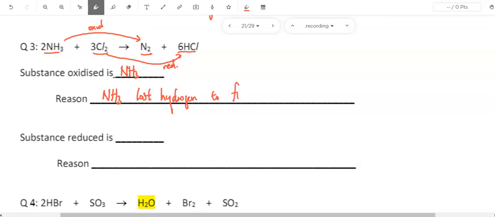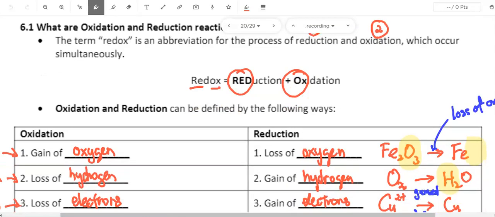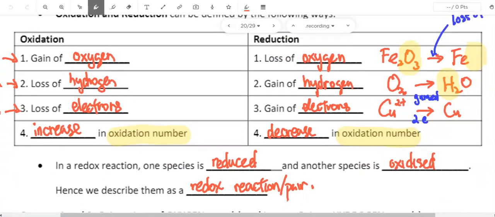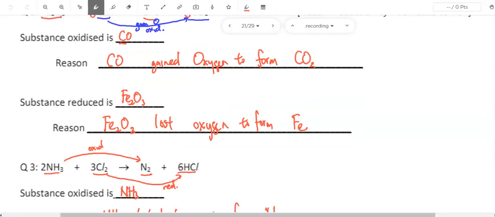to form N2. Okay, so if you can't remember, you can always go back to the previous slide, then scroll down all the way and see, oh, lost hydrogen is oxidation. So be familiar with the four ways to identify whether it's oxidation or reduction. Okay, be familiar with them. Let's go back to here again.